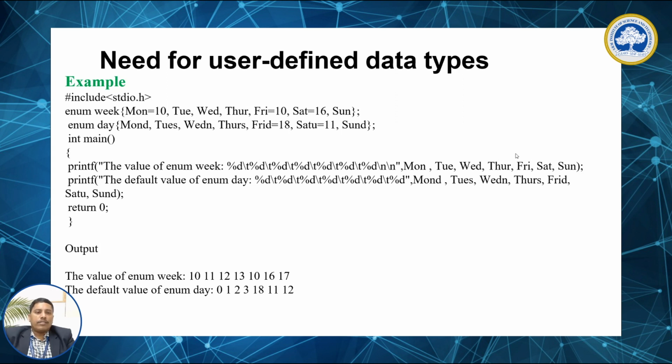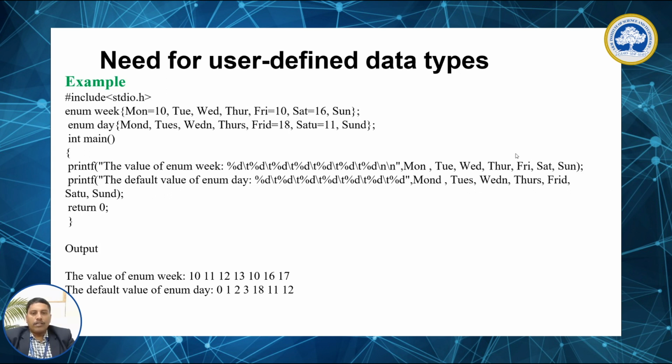For example, in the first one, Monday equals 10, then Tuesday, Wednesday, Thursday, then Friday equals 10, Saturday equals 16, and Sunday. So if you access Tuesday it is 11, Wednesday 12, Thursday 13, Friday is assigned 10, Saturday 16, then Sunday 17, because Sunday comes after Saturday, so the next value is incremented. Similarly for day: Monday 0, Tuesday 1, Wednesday 2, Thursday 3, Friday 18, Saturday 11, and Sunday 12.